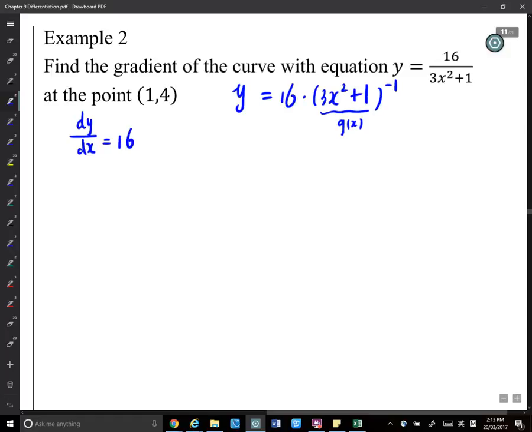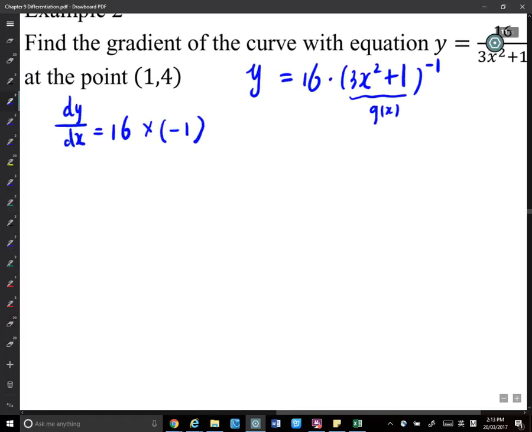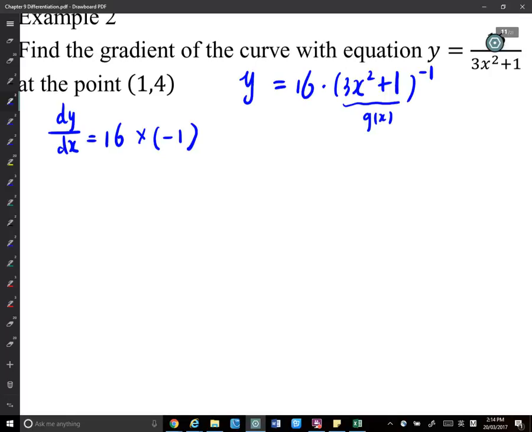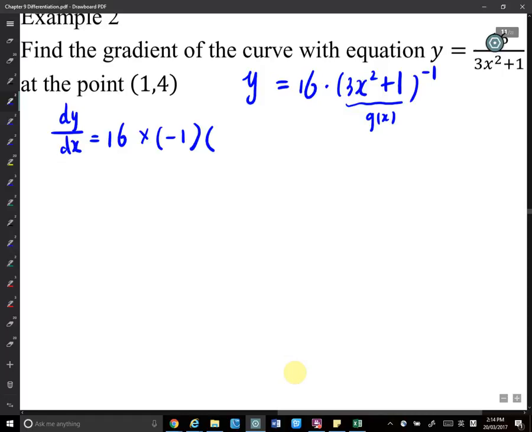That's 16 times. The first thing I will do is drag the power down, so times the negative 1. The second thing I will do is derive the thing in the bracket, which is g(x). If I derive g(x), that will give me 6x. And the last thing I will do is reduce the power by 1, but not change the base. So the base is still that.